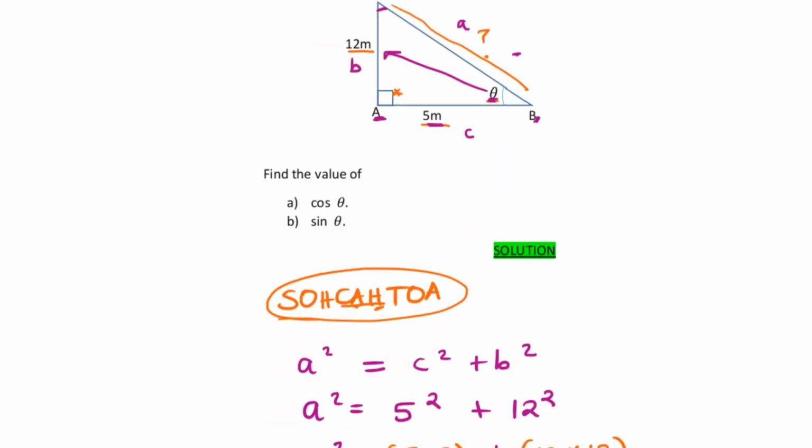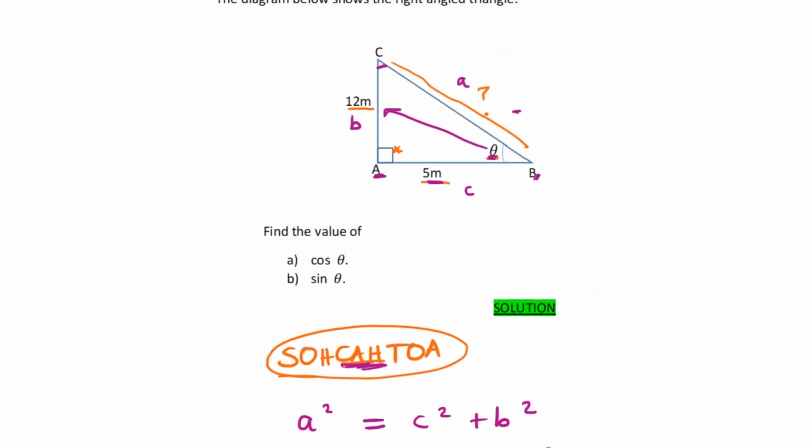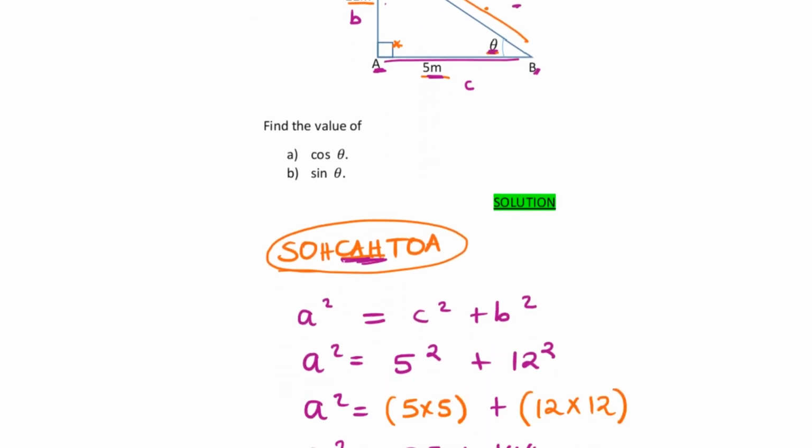Okay, so the adjacent over the hypotenuse, not this one. The adjacent in this case will just be the length below here, which is this length here, which is a 5 meters over the hypotenuse we found 13.